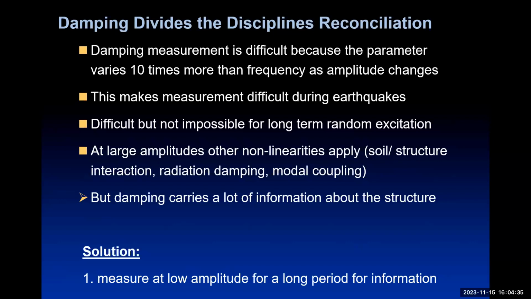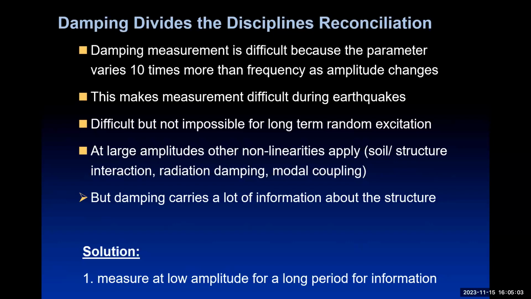They also have the problem that it's not just the structure, it's the soil structure interaction, which is important. So in other words, we've got two problems in earthquake engineering. You can see what the changes in frequency must have been, but it's very, very difficult to identify what they actually were from measurement.